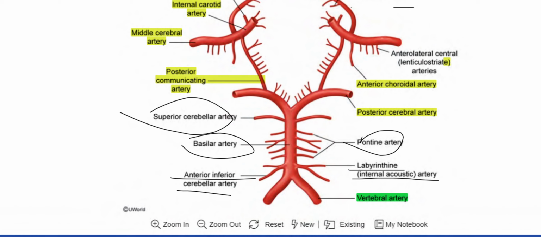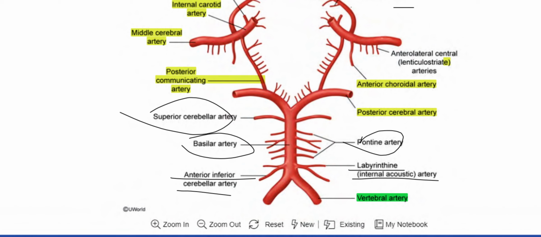The basilar artery gives many branches, like the anterior inferior cerebellar artery. With that we have the labyrinthine artery, that is the internal acoustic artery, supplying the internal acoustic meatus. Then we also have the pontine artery, and the superior cerebellar artery.